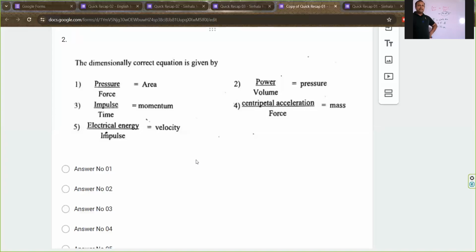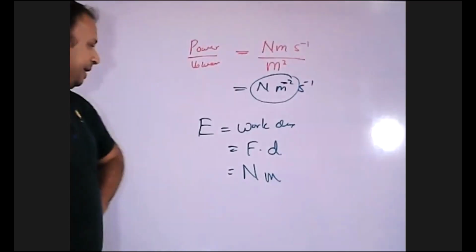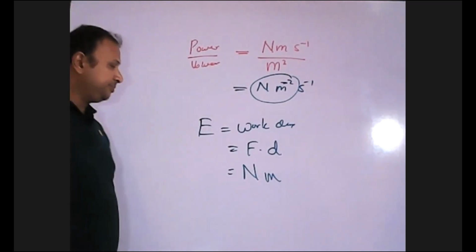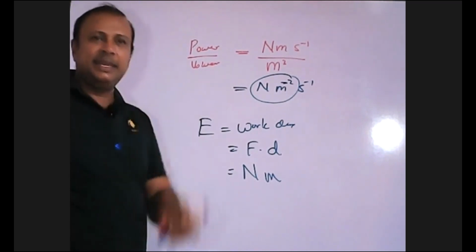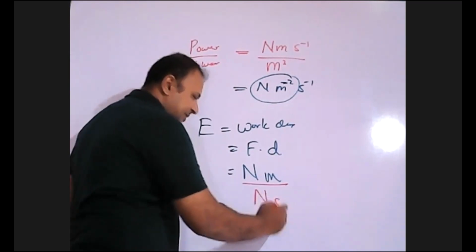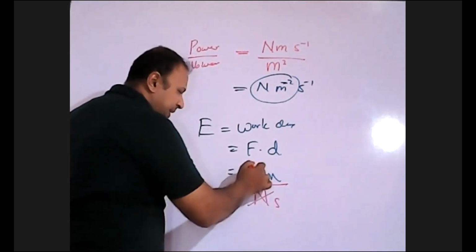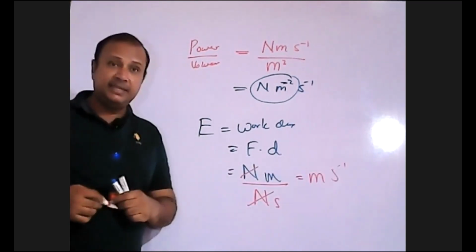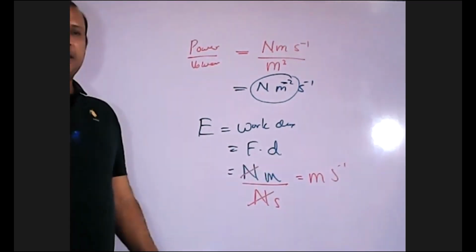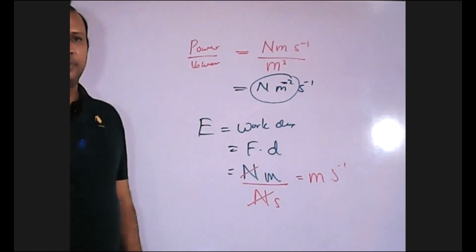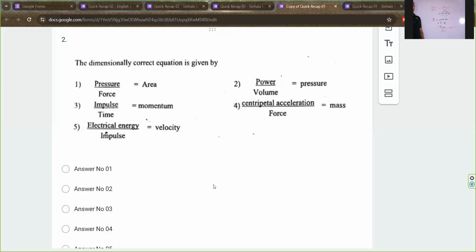Energy over impulse is equal to velocity. Impulse is Newton second, so Newton and Newton are cancelled out. The answer would be m s minus 1, which is equal to the unit of velocity. Therefore, answer number 5 is correct.